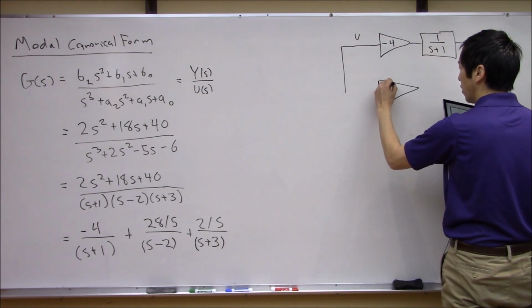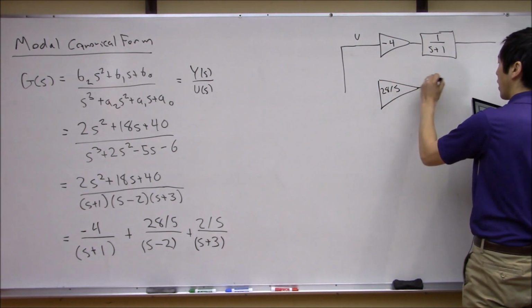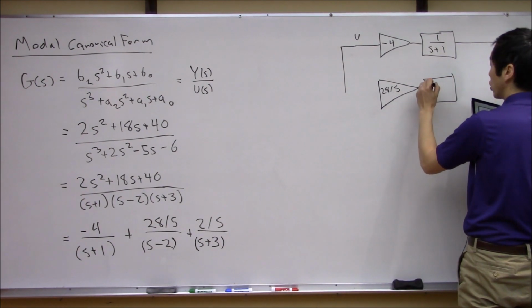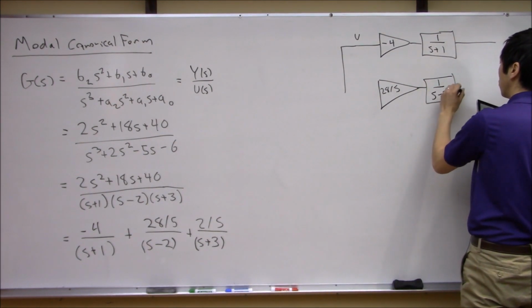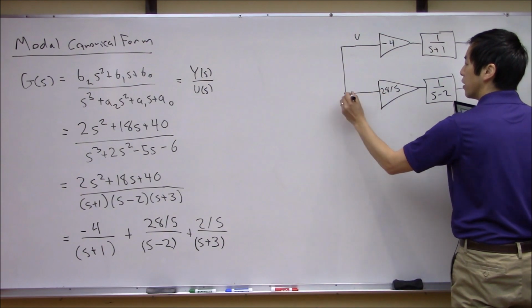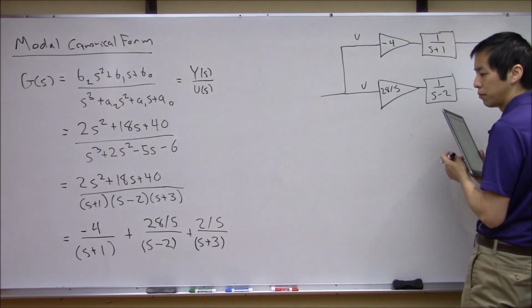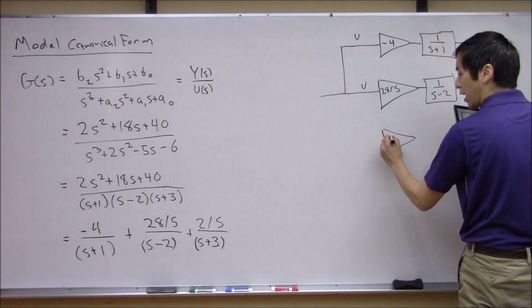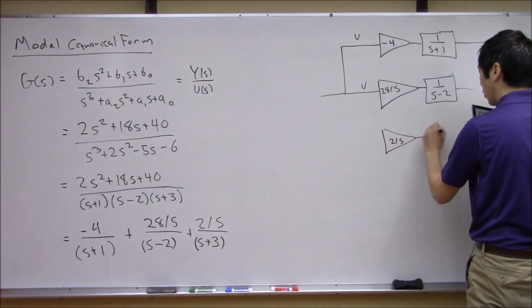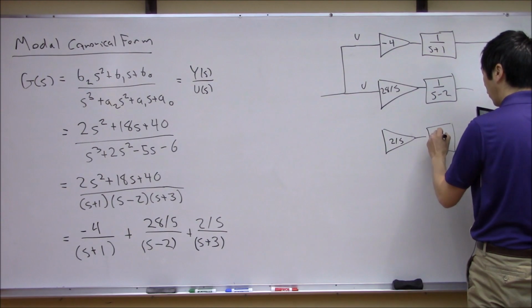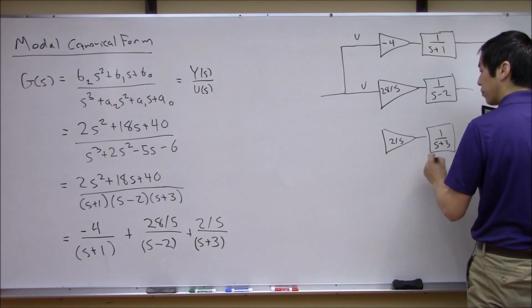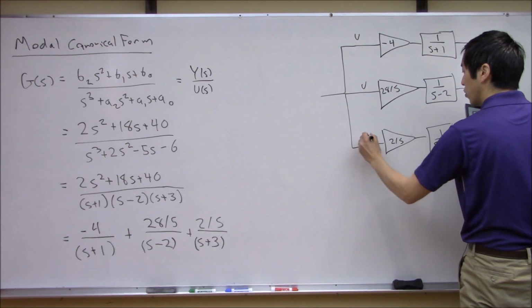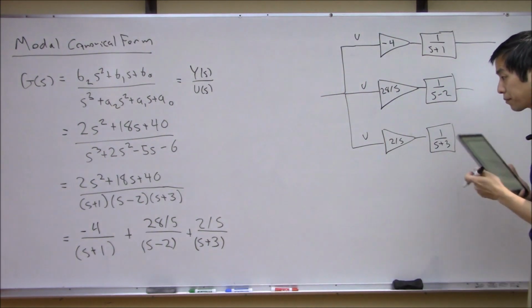It's 28 over 5. Then that goes into a little transfer function of 1 over s minus 2. Would everyone agree? This is also u. And then finally, the third one on the bottom is a gain of 2/5 going into a little transfer function of 1 over s plus 3. And again, this is still u coming in.